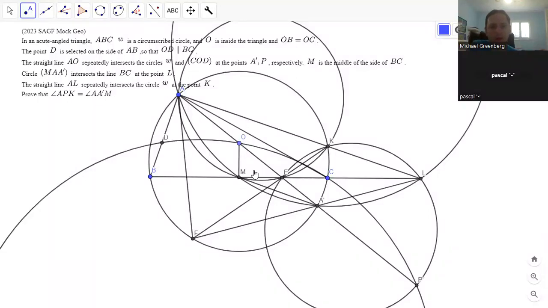We would have angle COD. That would be 180 minus CPD. Just thinking.